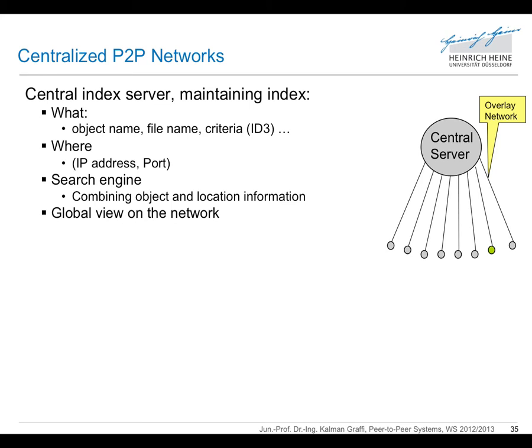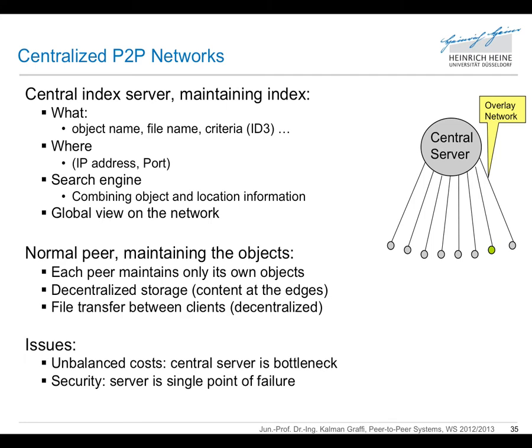And if somebody else is looking for the object, they ask the central server, do you know some nodes who have a song by Justin Bieber? And if yes, they get back a list of file names and a list of peer contacts, and then you can contact directly between the clients, and the file transfer takes place directly.